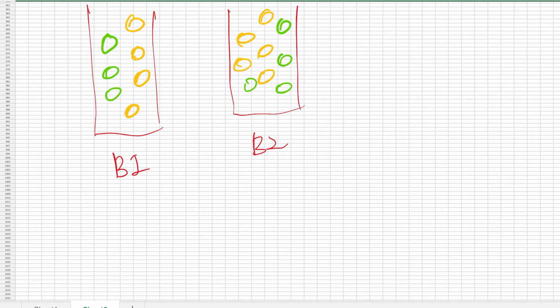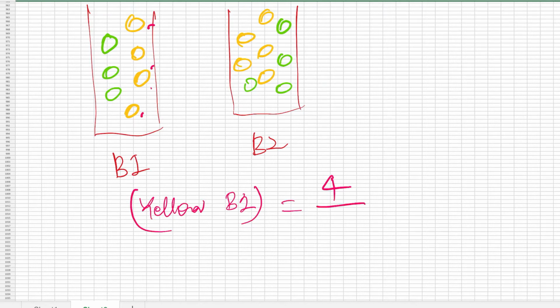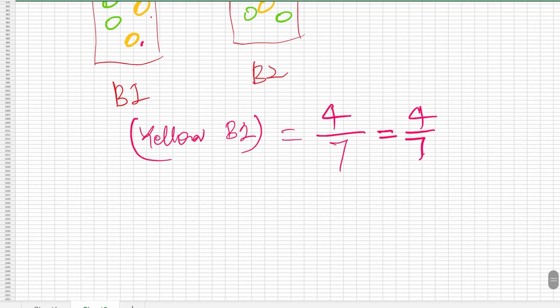We can calculate the probability of yellow or green balls if we are given the bag the balls are from. For example, if someone asks the probability of a yellow ball from bag 1, we can easily calculate it: there are four yellow balls in bag 1, so the number of favorable outcomes is 4, and the total number of balls is 7. So 4 by 7 is the probability of a yellow ball in bag 1.